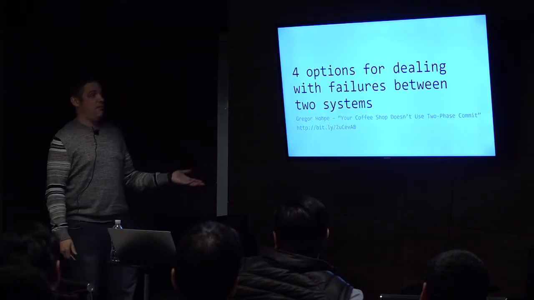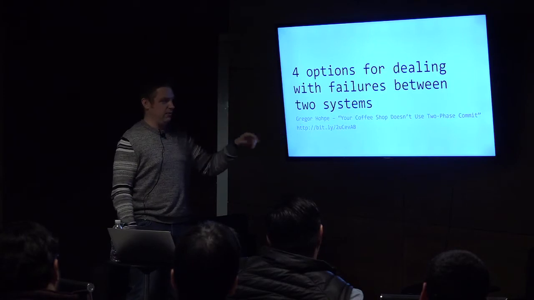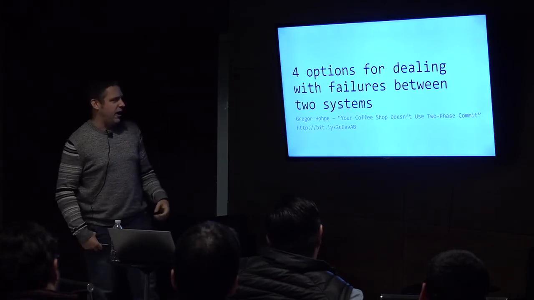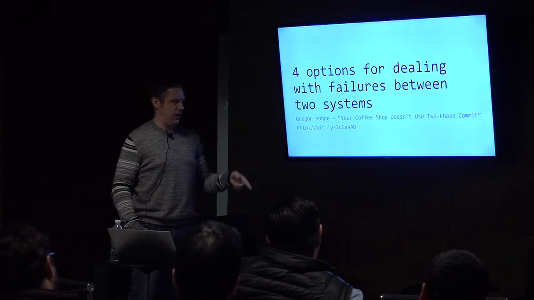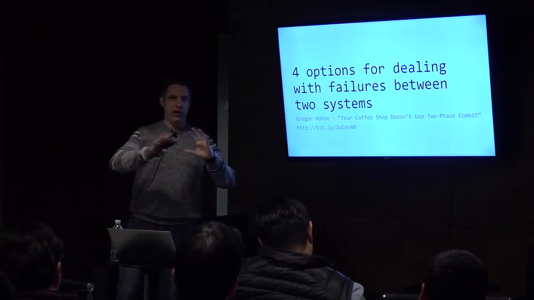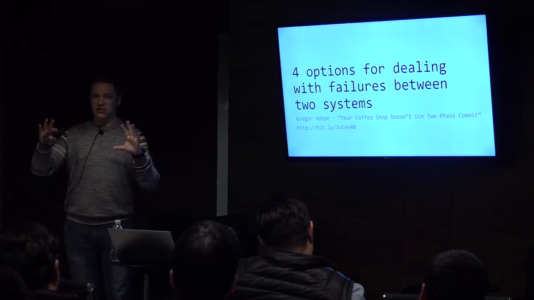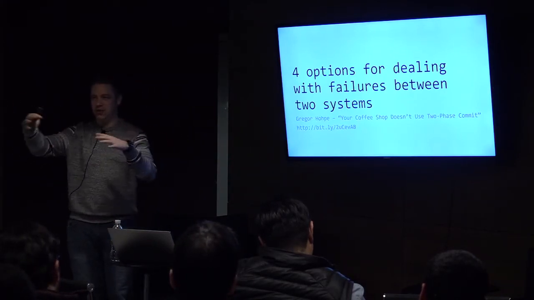And the paper I like the best is one from this guy, Gregor Hohpe. I don't actually know how to pronounce his name. It's a paper called Your Coffee Shop Doesn't Do Two-Phase Commit. The basic idea is that in the real world, when you're actually conducting business with other people, no one actually uses this concept of transactions between different things.